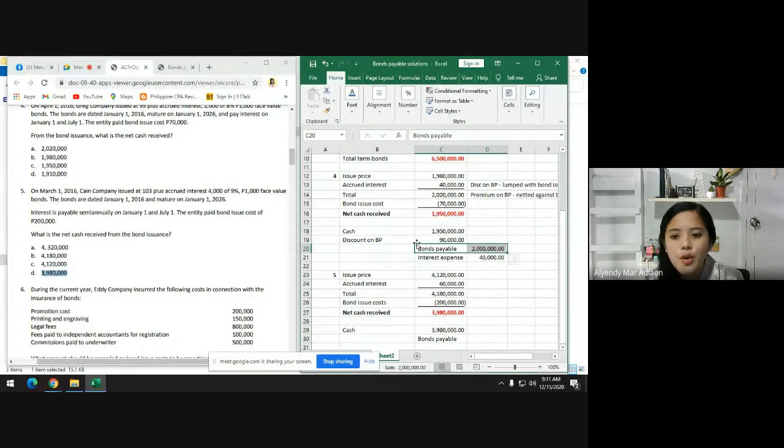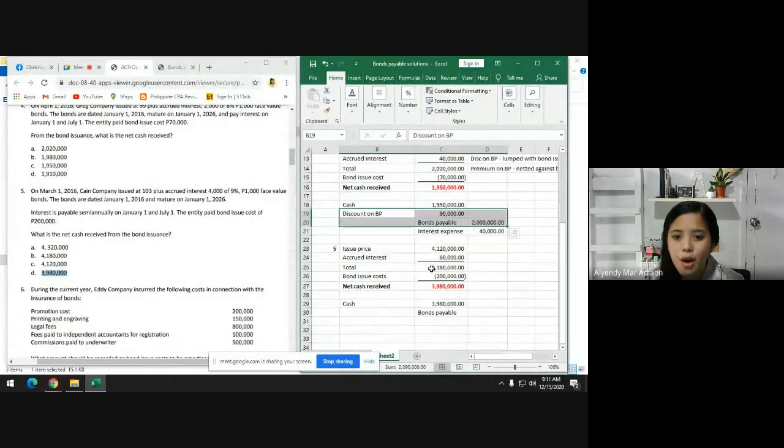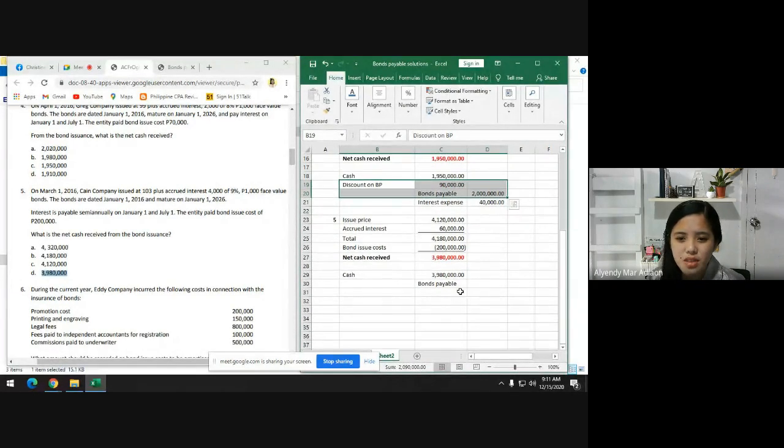But again, when you're asked pila ang bonds payable, uban dyan na sila with its discount. Okay, mao man na ang iyahang present value. Okay? So, the report, bonds payable ng account title, that is at face value, di ba? Which is katong 4 million, which is 4,000 times 1,000.